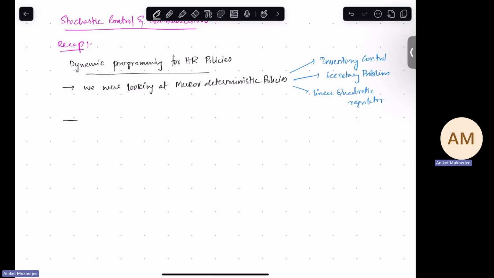But our main point was there are other types of policies also, right?